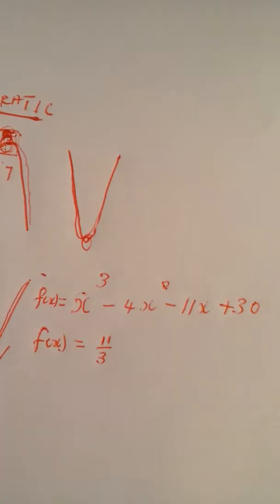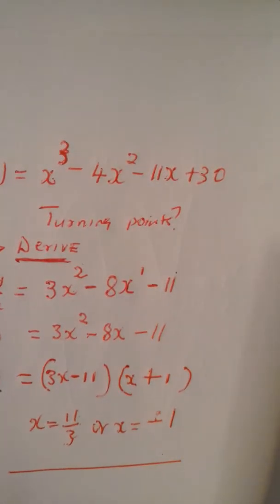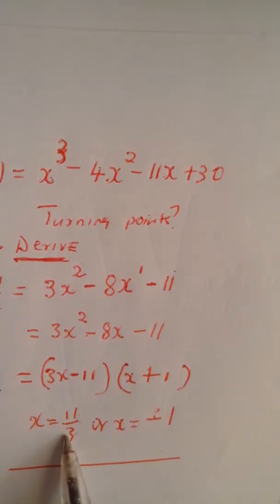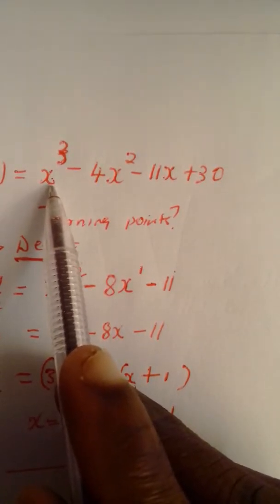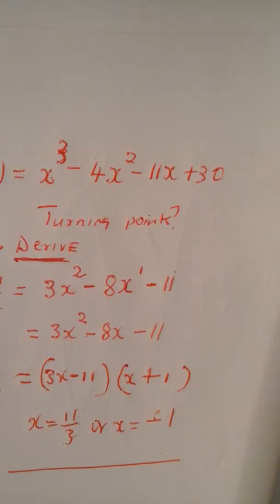Why 11 over 3? Because the turning point of x is 11 over 3. So I go back to the original function. On this original function where I see x, I put 11 over 3.